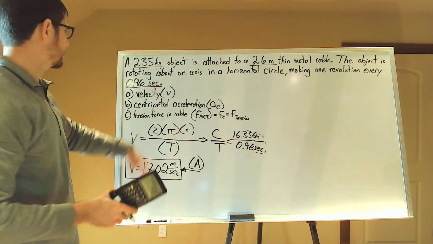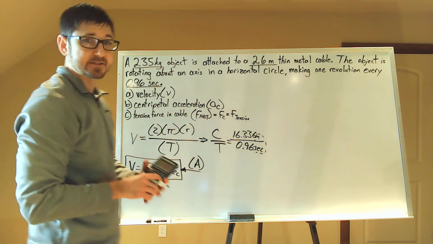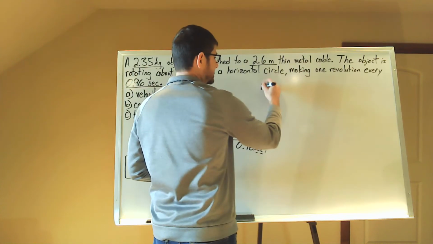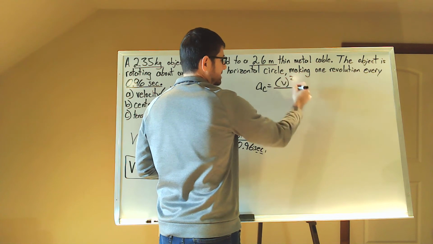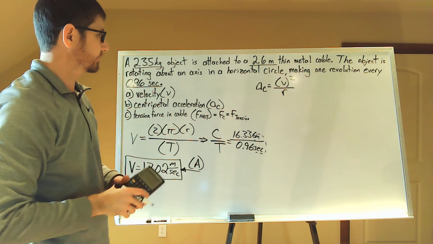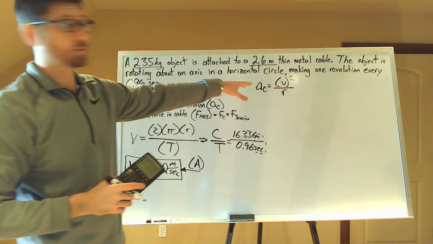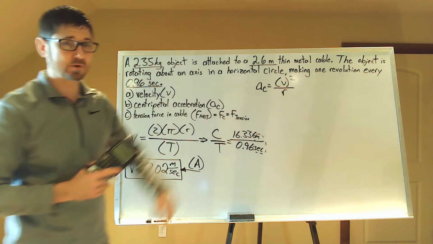Now let's talk about part B, the centripetal acceleration. This is going to be a sub c is equal to the velocity squared divided by the radius of the circle. So the velocity, what we're going to do is use our calculated value and plug it up here into our numerator.